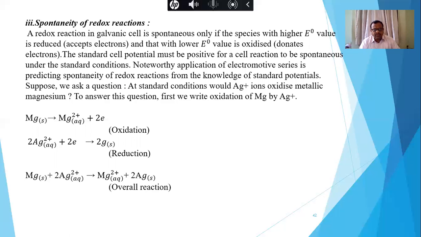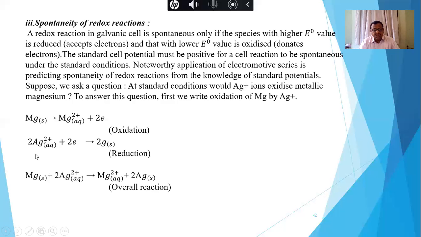Suppose we ask the question: at standard conditions, would Ag plus ions oxidize metallic magnesium? The answer to this question is that we write the oxidation of Mg by Ag plus. Mg gives Mg2 plus and 2 electrons.